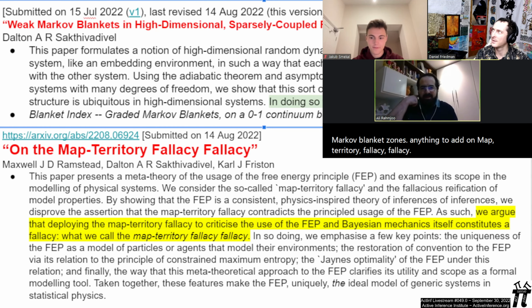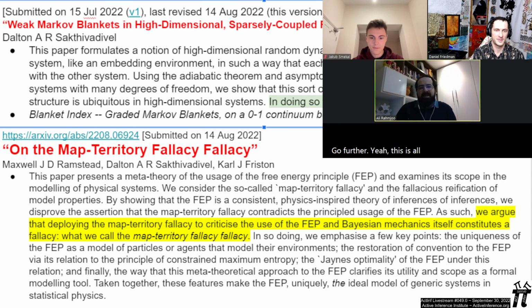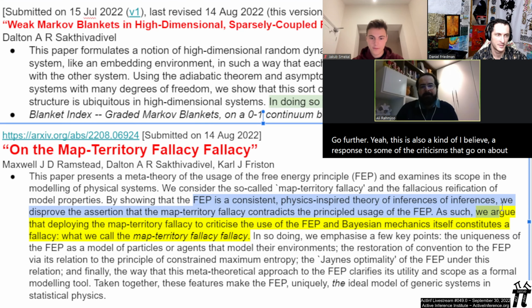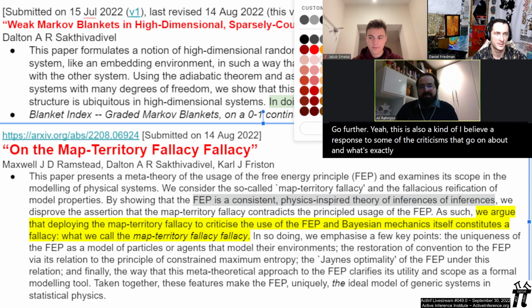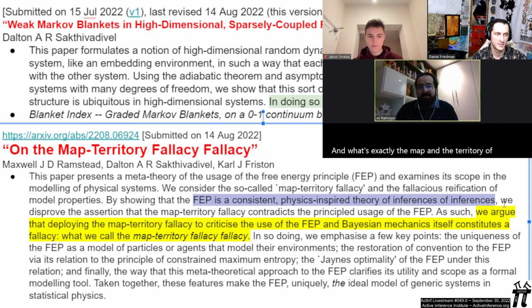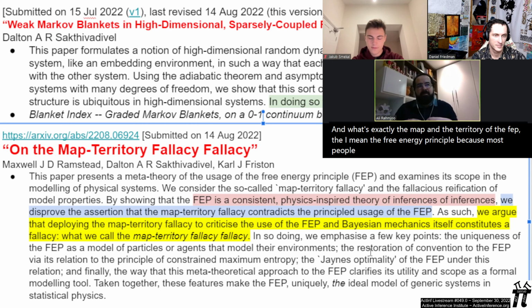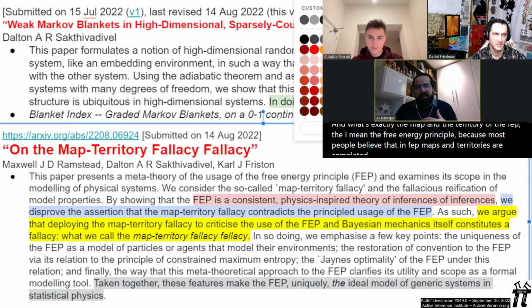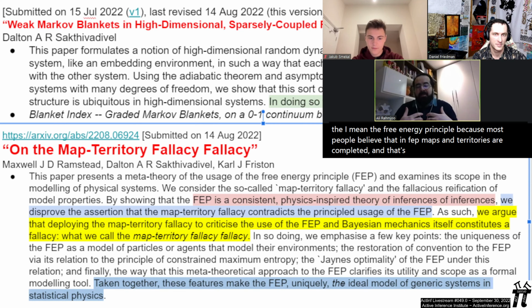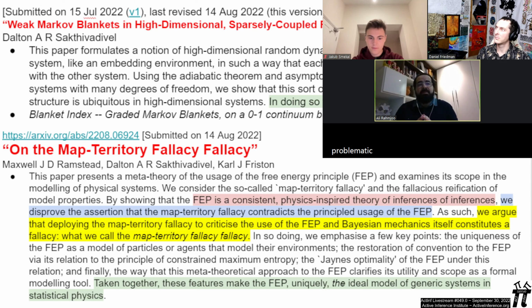Go for it, Ollie. Yeah, this is also, I believe, a response to some of the criticisms going on about what's exactly the map and the territory of the FEP, the free energy principle, because most people believe that in FEP, maps and territories are conflated, and that's a problematic view on so many levels, as discussed in this paper.